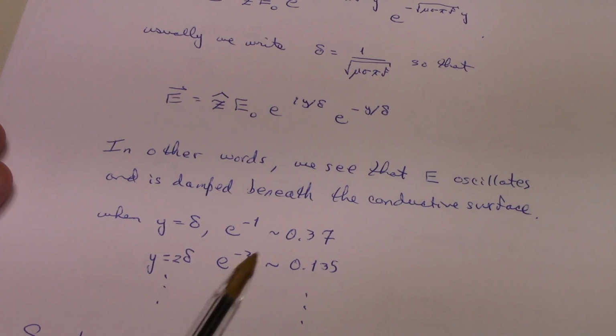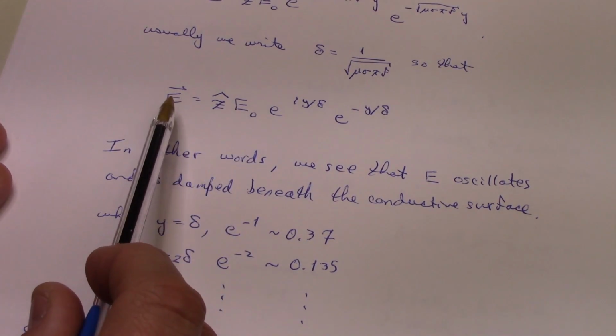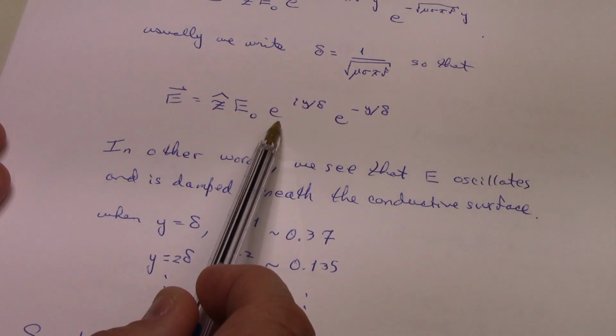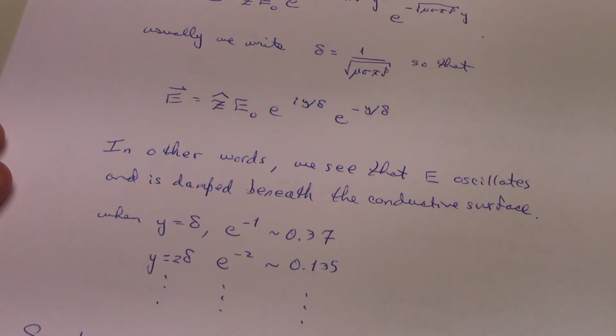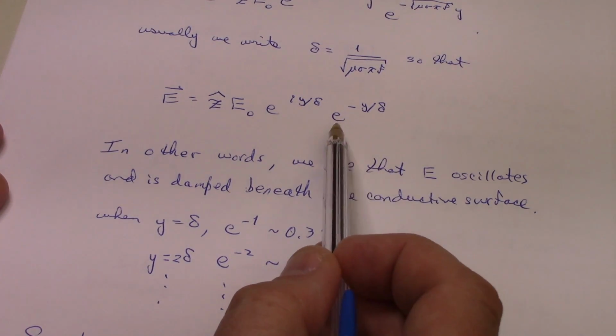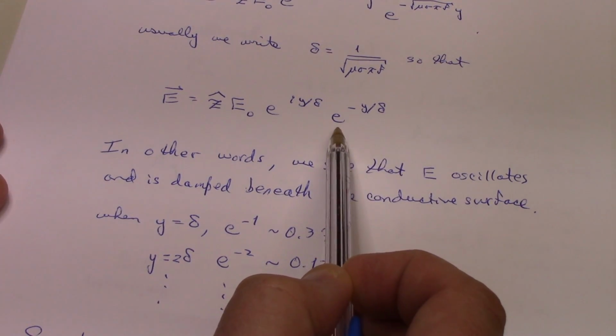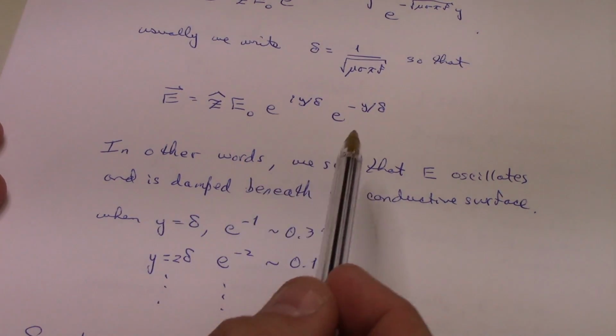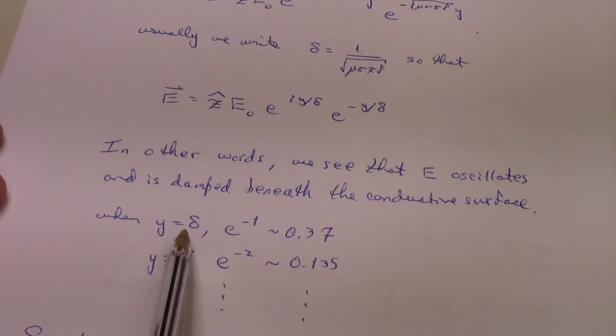Put in words, we see that the electric field will oscillate, that's the imaginary exponential here, as one goes down into the surface, but it will also be damped out. It will decrease exponentially as it oscillates as you go deeper, in units of delta.